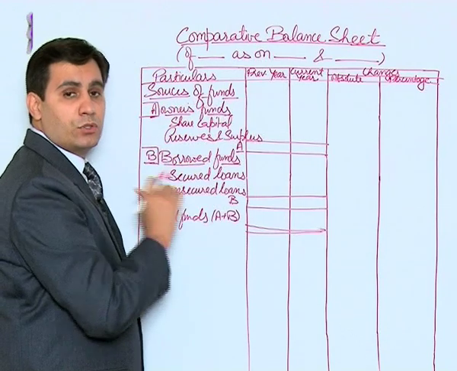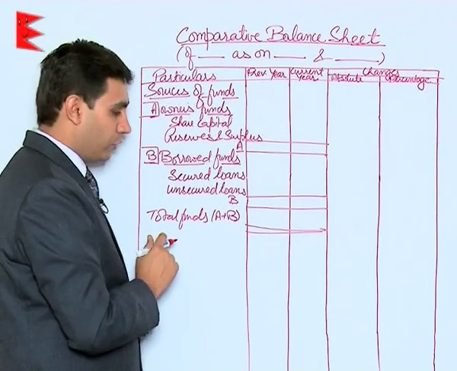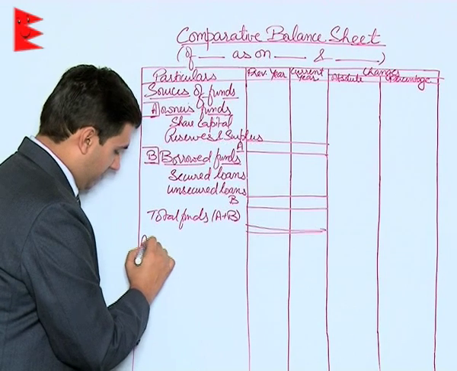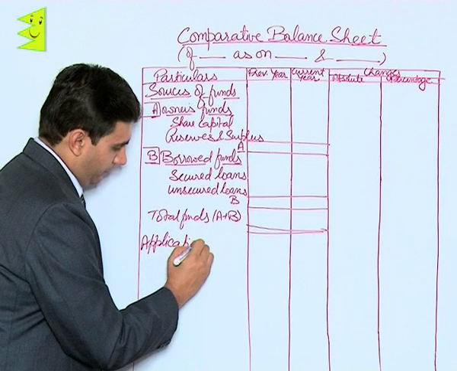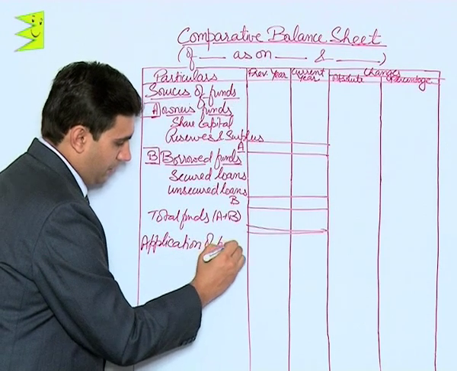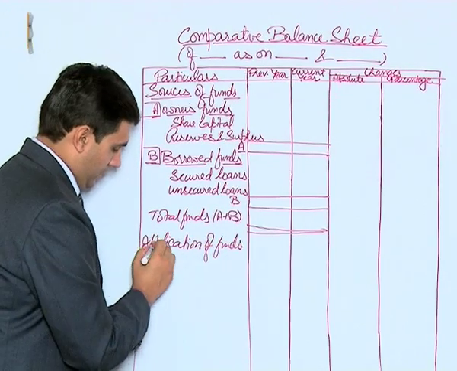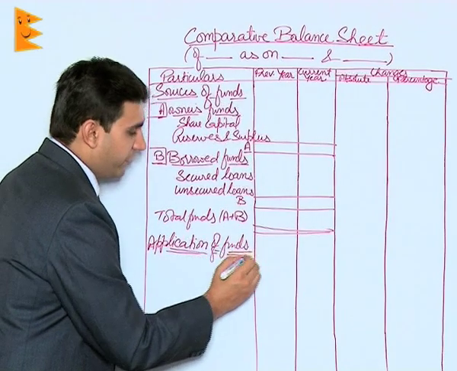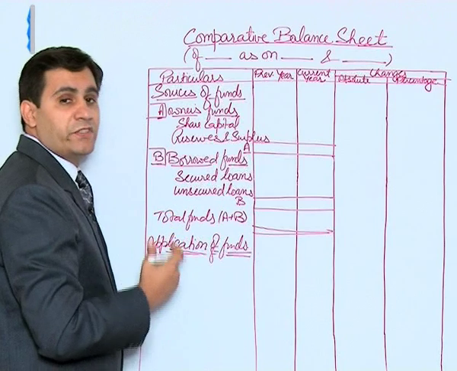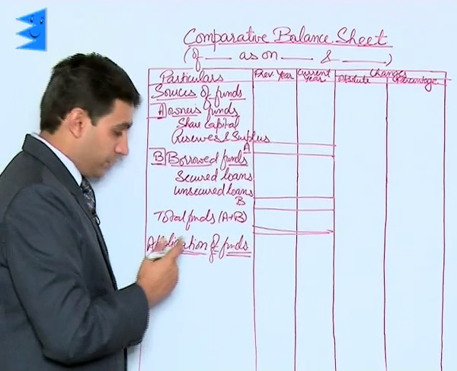Once we have calculated sources of funds, we will then move on to application of funds. Now students, as the name suggests, application of funds refers to where these funds have been used.